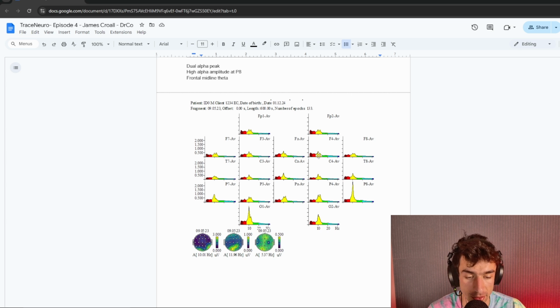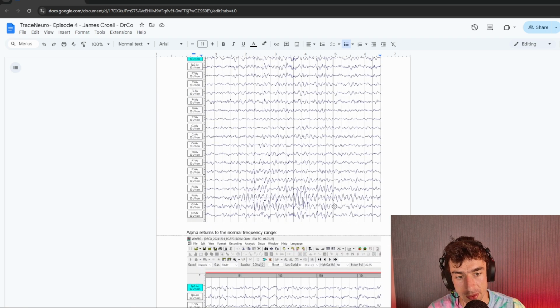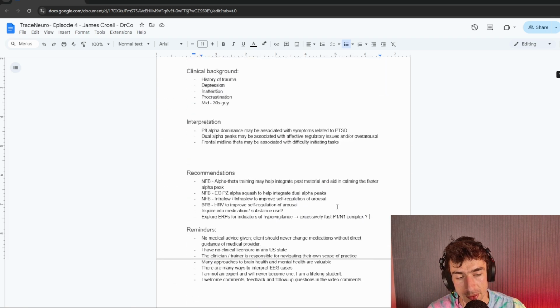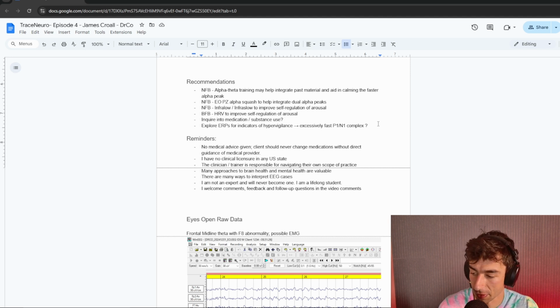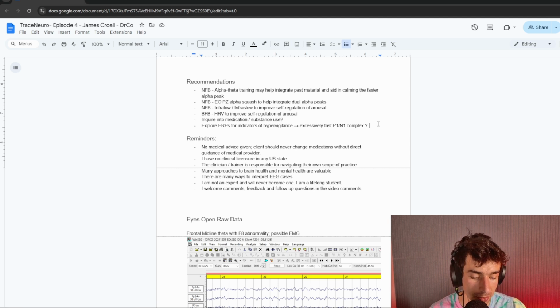Is he aware of a sense of anxiety or hypervigilance? And if so, how do we then tease that out of the nervous system? So, yeah, perhaps a further conversation of what's going on in the ERPs could help shed some light on what's happening in this sort of a dual state kind of brain.